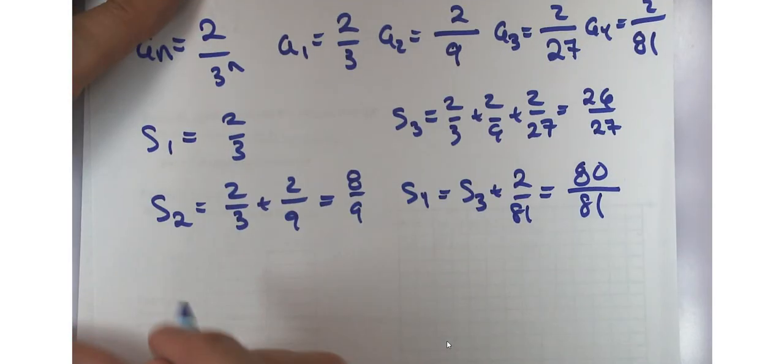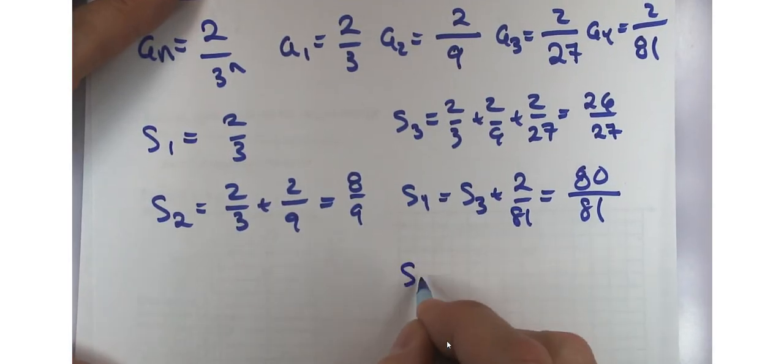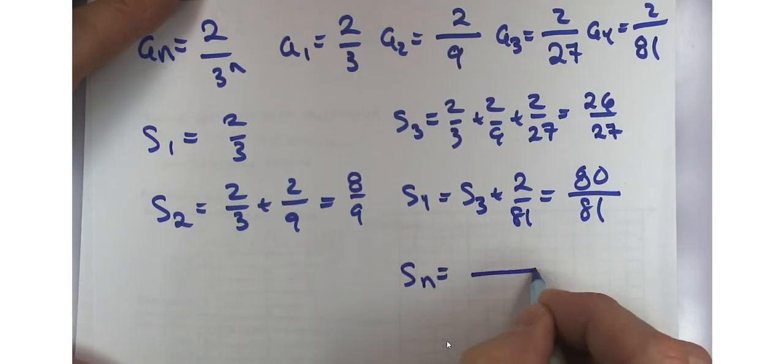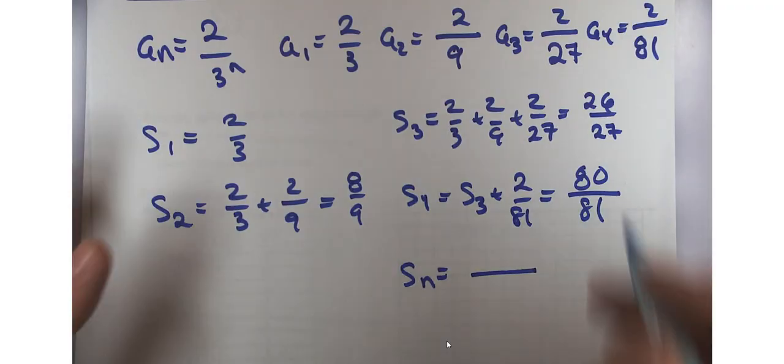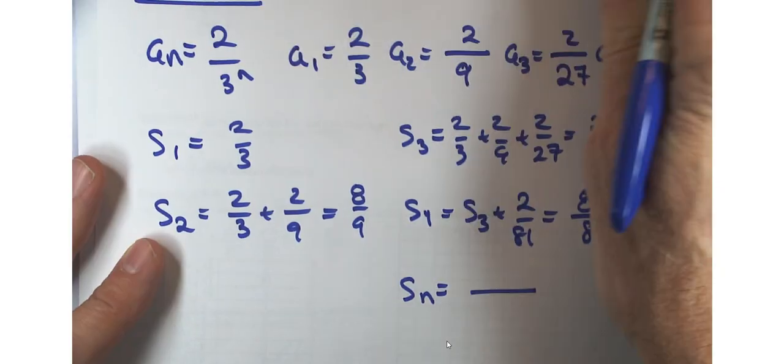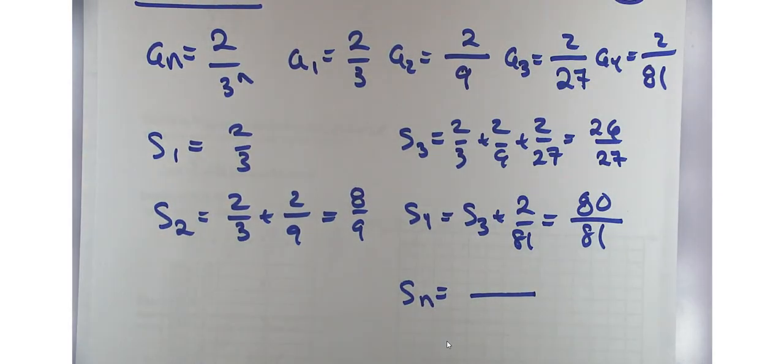So that's not where our work ends, though. Our work ends when we find S sub n. What's that general term going to look like? If I didn't want to do this forever, if I just wanted to have a formula, what would that formula be? N minus 1 over n wouldn't quite work.